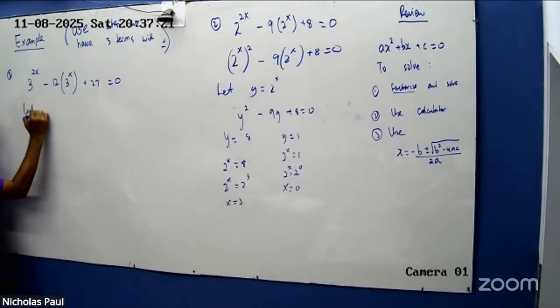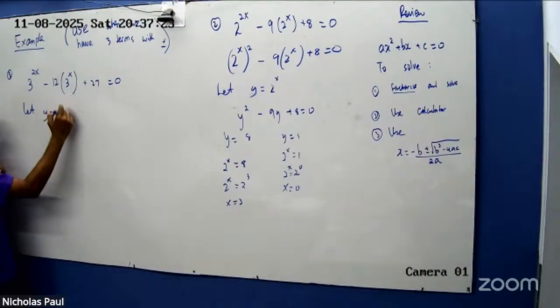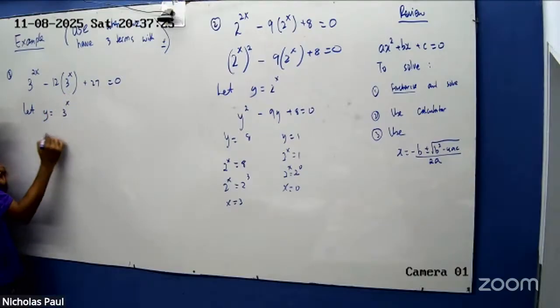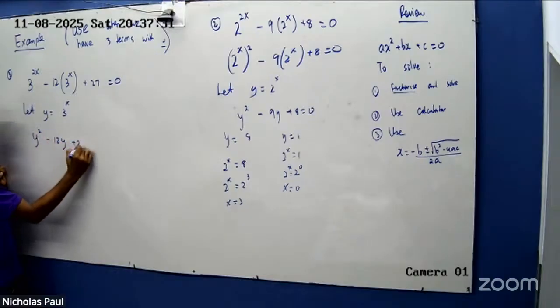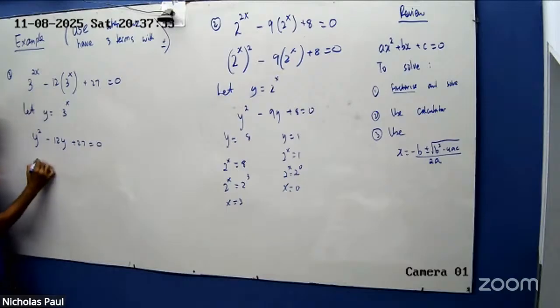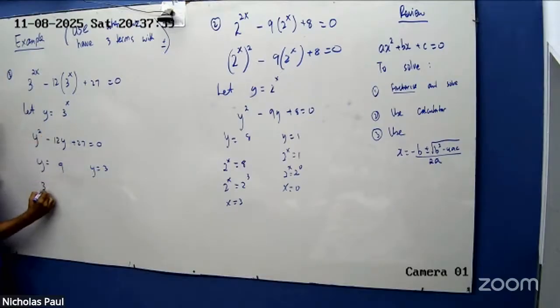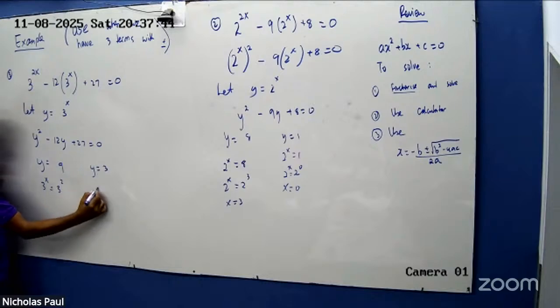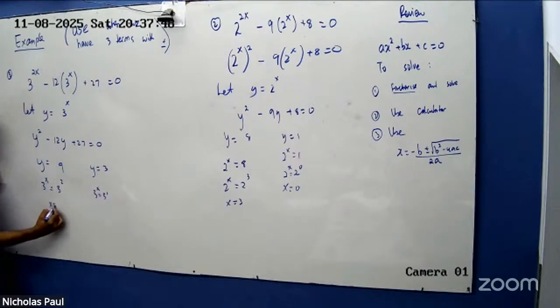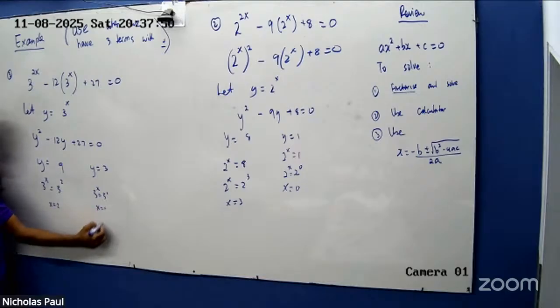So we let y equal to this here, 3 to the x. So this is y squared minus 12y plus 27 is 0. And you got y to be what? 9 and 3. So y is 3 to the x. 9 is 3 squared, and 3 is 3 to the 1. So x is 2, x is 1.